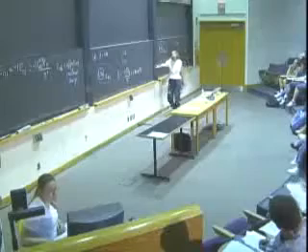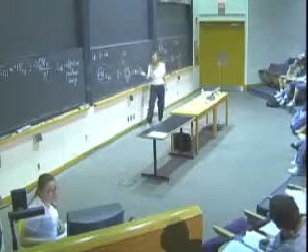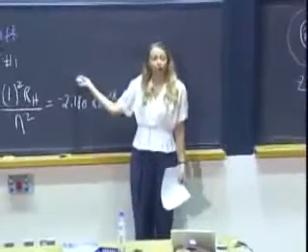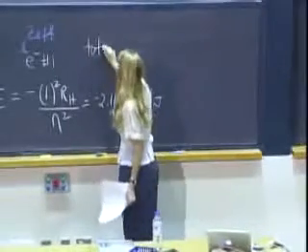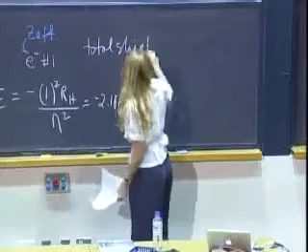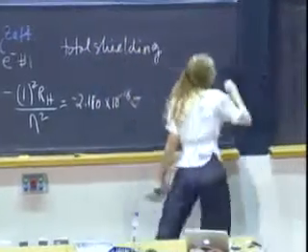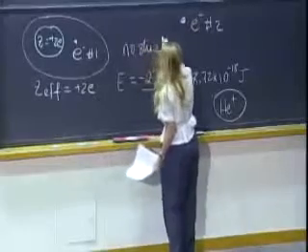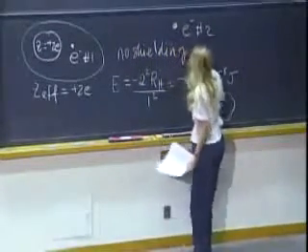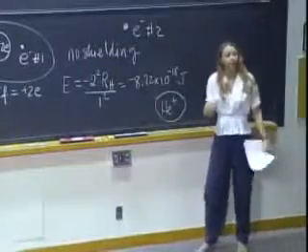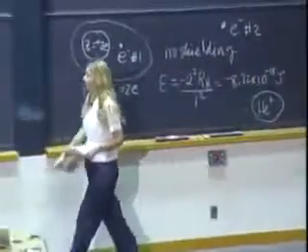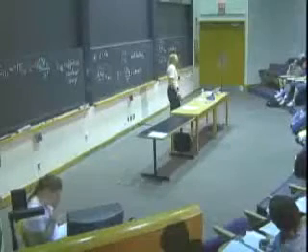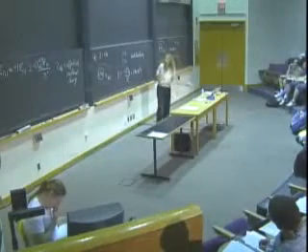With this extreme case with the electron way far out, this is the binding energy. This is total shielding. This case is no shielding. The electron is much more strongly bound. The reality is that the binding energy of an electron in helium is somewhere in between, right?